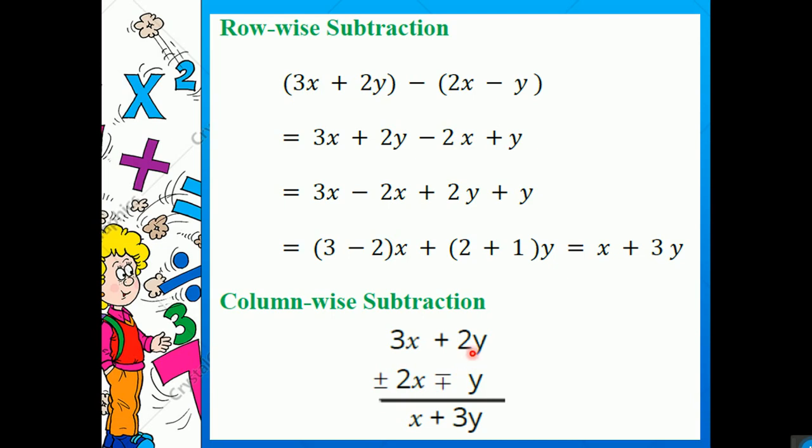And then adding the coefficients of y, 2 plus 1 equal to 3 and y as it is. So you can see that we are getting the same results. Same result, whether we are using the row wise subtraction or column wise subtraction, we will get the same results.